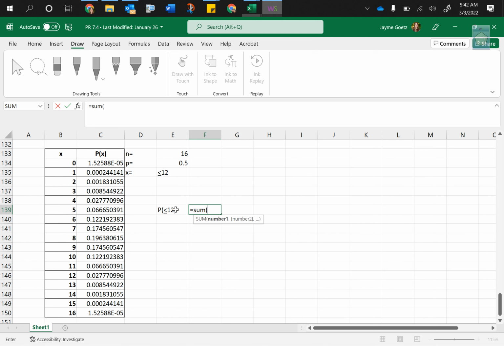What am I adding up here? From 0 to 12. Very good. All of those from 0 to 12, because it's less than or equal to 12.